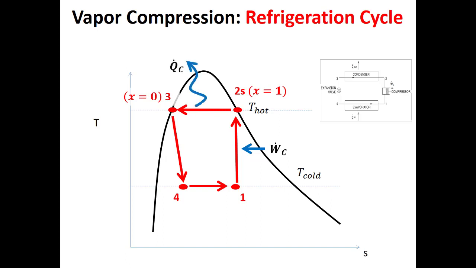We're rejecting heat on the hot side, which is different than all of the other cycles that we've looked at. Now, if we think of our valve, we don't really know how to solve this one yet, but if we think of our valve as a turbine, then we would be producing power at the turbine. And we add heat at the evaporator as we move from state 4 to 1.